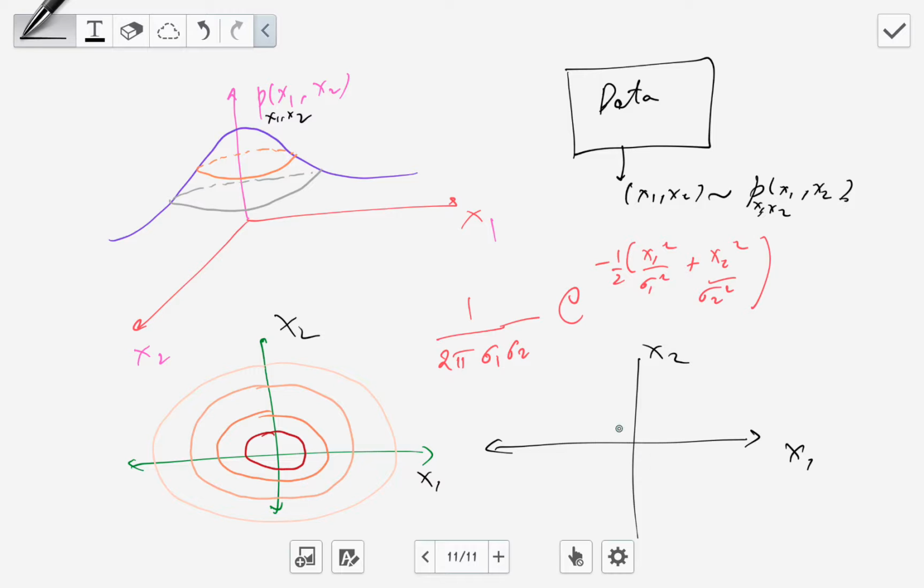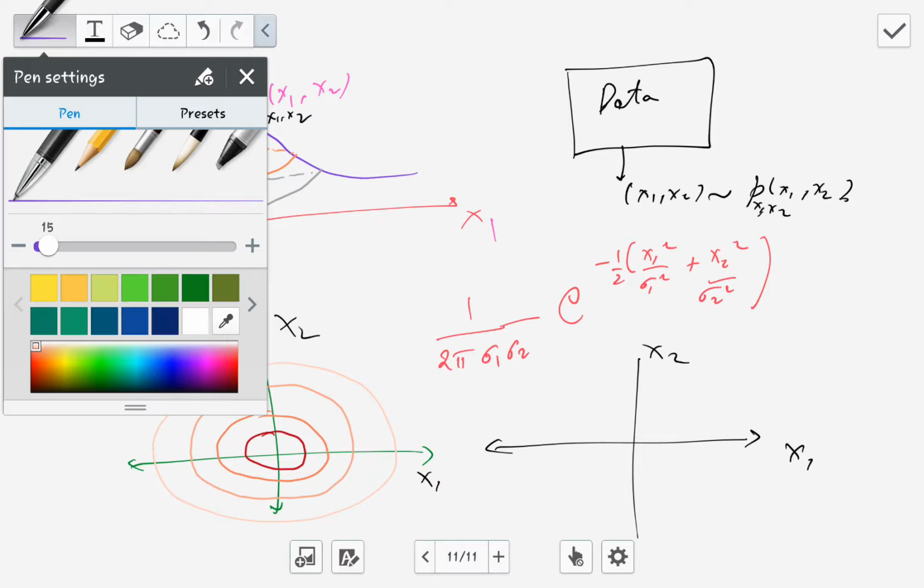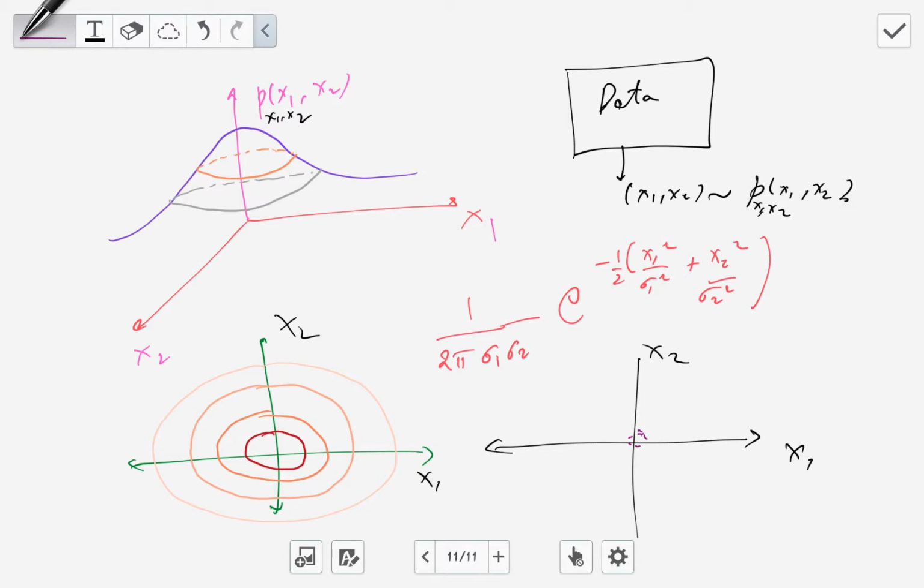So, how do I get this is my question. I get something like this. In this region, they are very dense. As you go away, the density reduces because of the lighter colors.